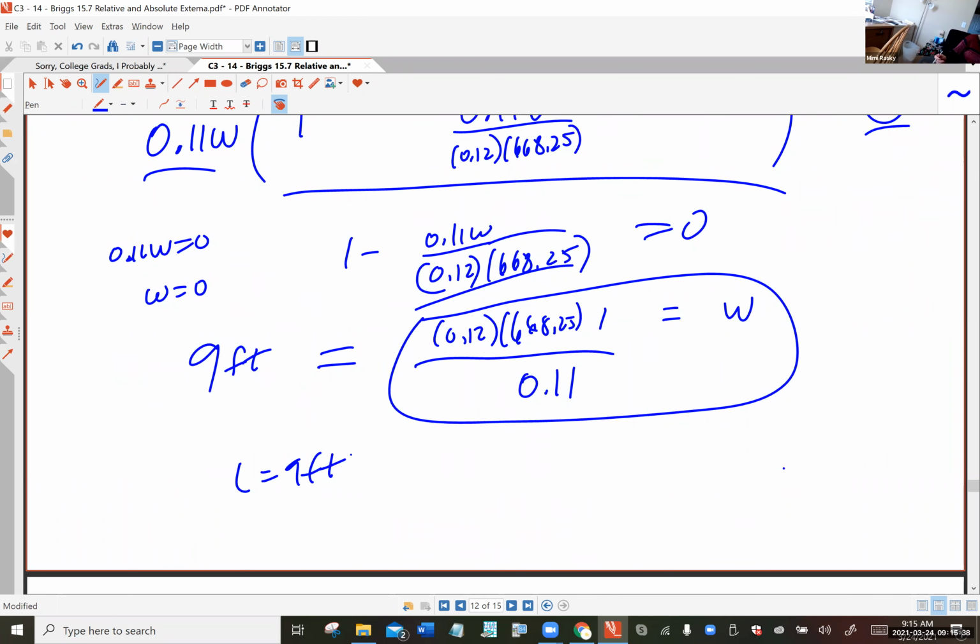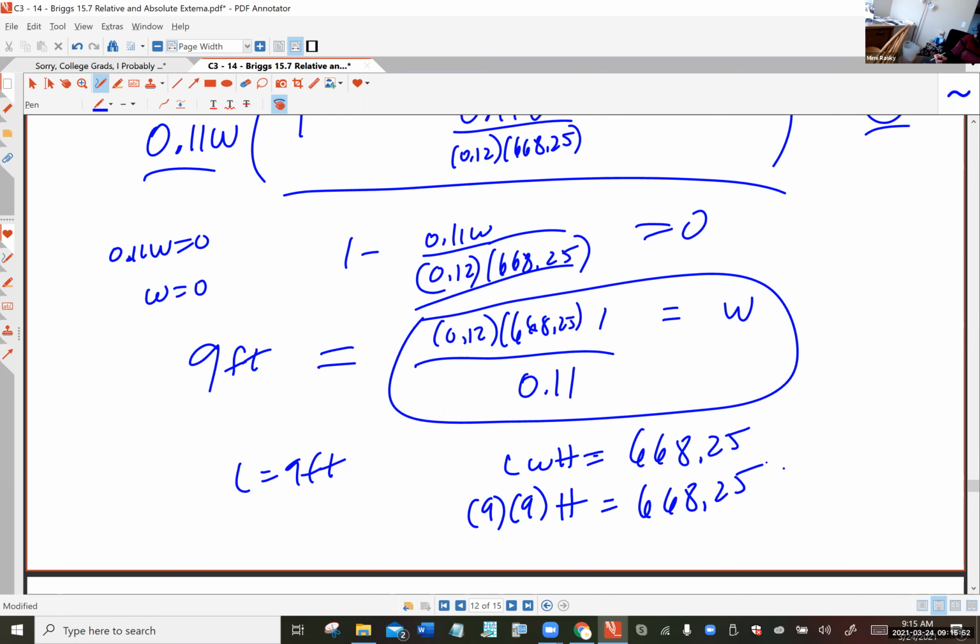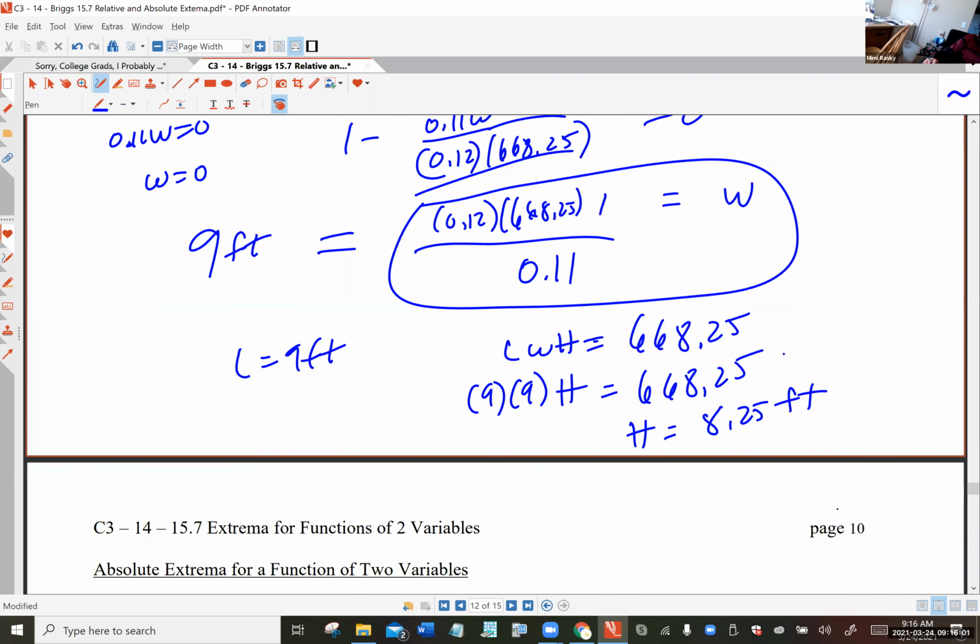But then the H will be different. How do you get your H? Recall that LWH was supposed to equal 668.25. If you've got 9s for both your length and your width, then you can substitute that into the volume formula and you'll get that the height of your room, not a bad height for a room, is 8.25 feet.